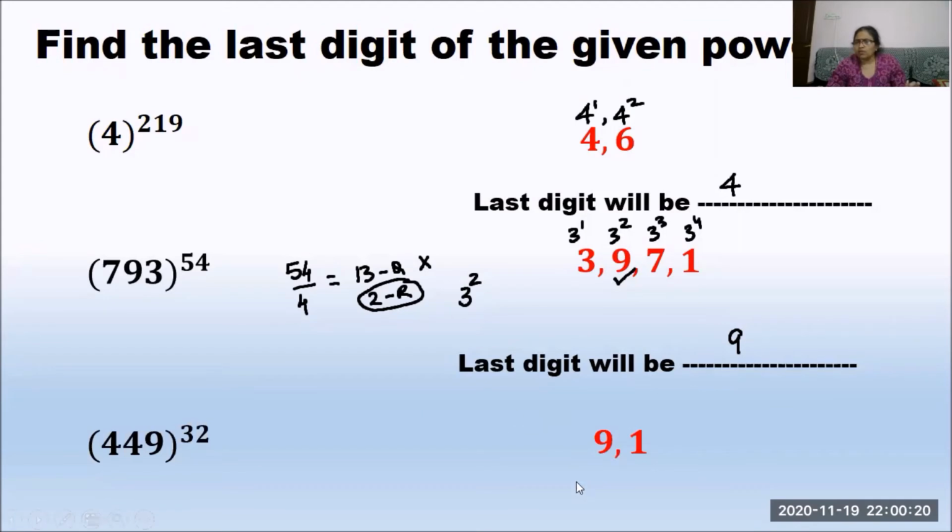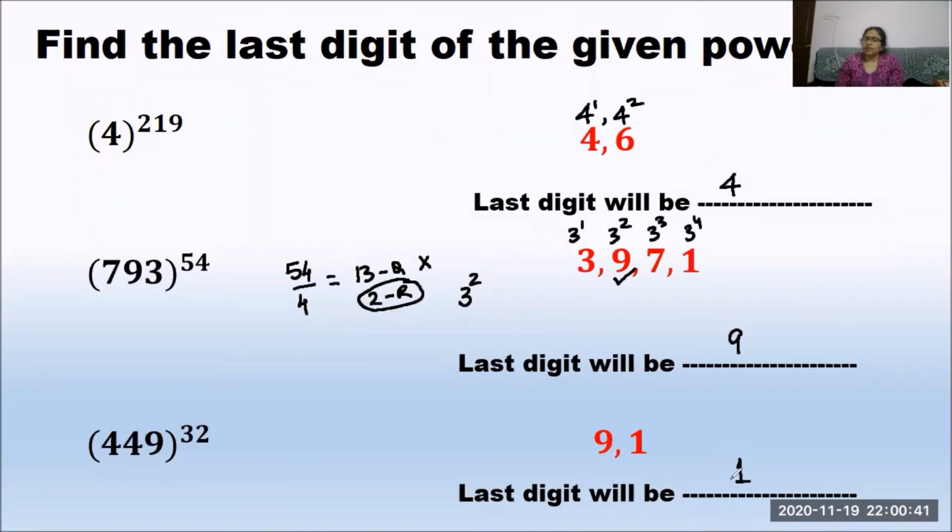Odd powers will give you 9. Even powers will give you 1. Here the power is even, so the last digit will be 1. Very simple.